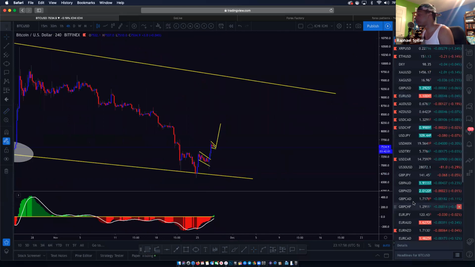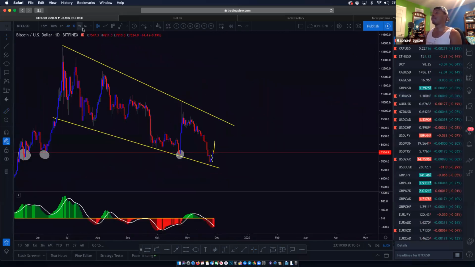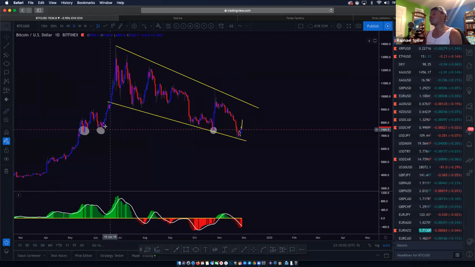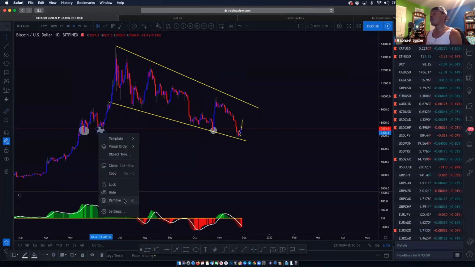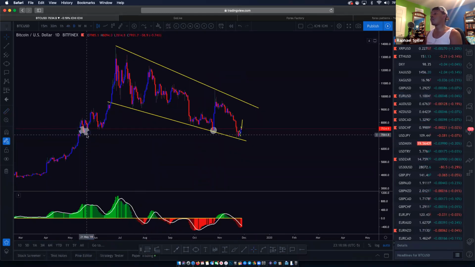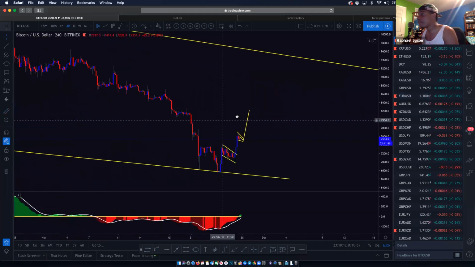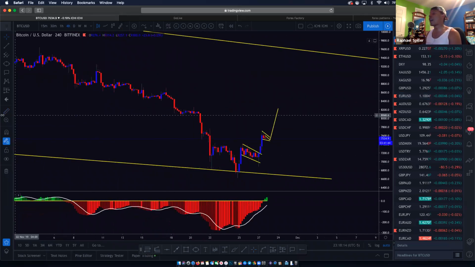Now, Bitcoin, right? Right now, I already depicted that this was going to go up a while ago. Like I said, if you see these circles, I expected it to go up. It went a little lower than expected, but I actually caught this move.